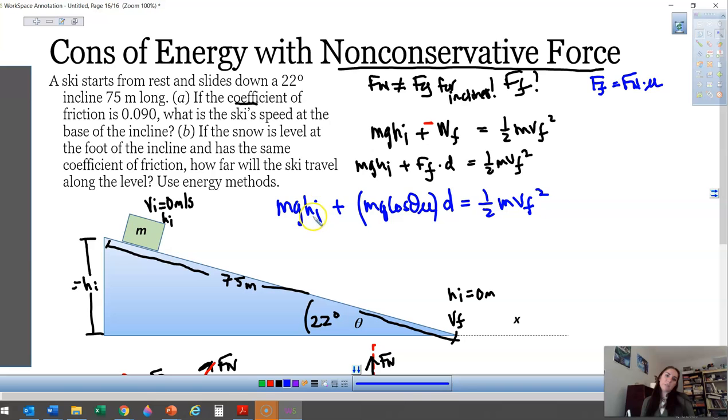Now we need this piece here, which is basically a sine component. So we can write this all in the fun way of doing this. This becomes mg times, I'll call this the length L, L sine of the angle.